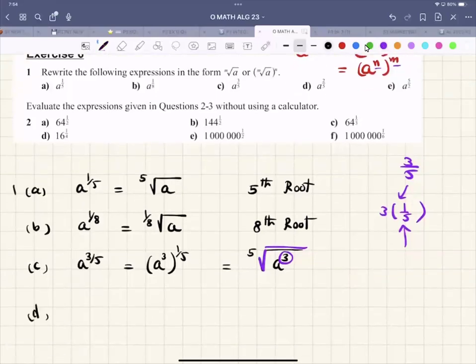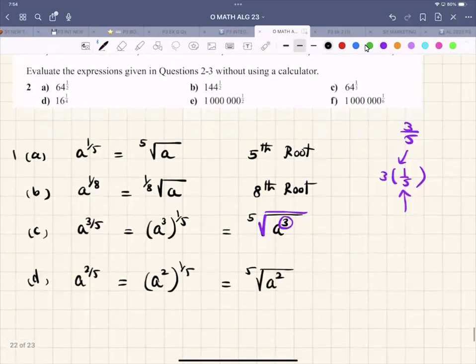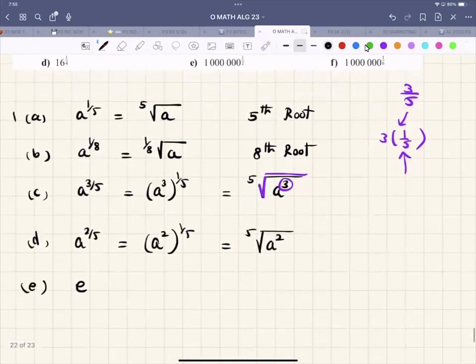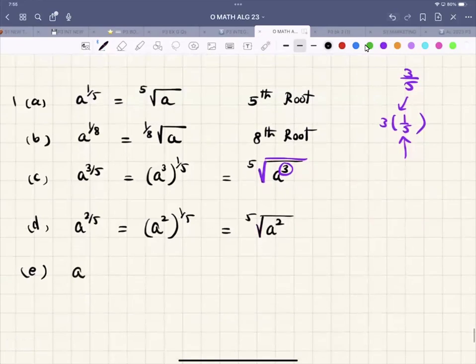Part D. A raised to power of 2/5. That can be written as a raised to power of 2 raised to power of 1/5. That is a square on the inside and the 5th power on the outside. Part E. In part E, the base is a raised to power of 5 over 2.